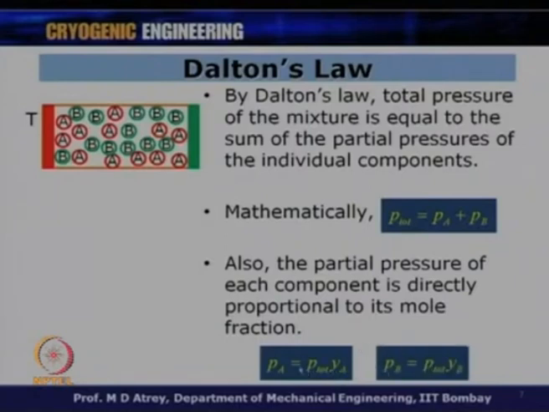So, what we can say is PA is directly proportional to YA, PB is directly proportional to YB, and the constant of proportionality is P total in both cases. Once I know the mole fractions YA and YB of gas A and gas B, and if I know the total pressure of the mixture, I can compute PA and PB directly, and that is what Dalton's law for a gas mixture gives. It will give us the conversion of mole fraction to the partial pressures PA and PB, and then what you can compute is P total.